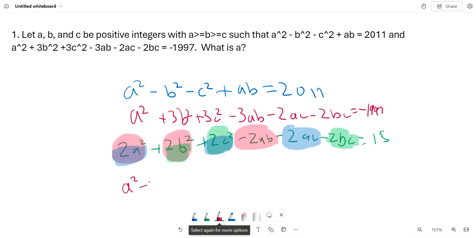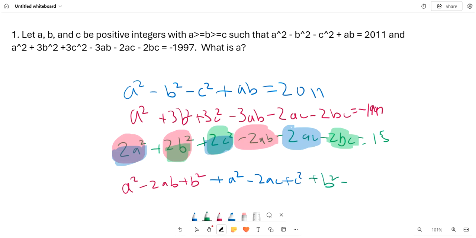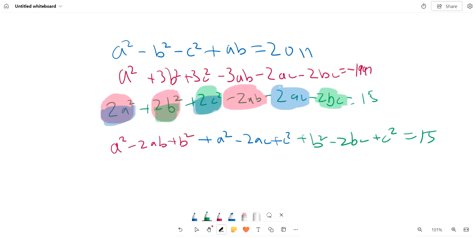A squared minus 2AB plus B squared plus A squared minus 2AC plus C squared, and then plus B squared minus 2BC plus C squared, and this all equals 15. And then we see that these are just squares of differences.